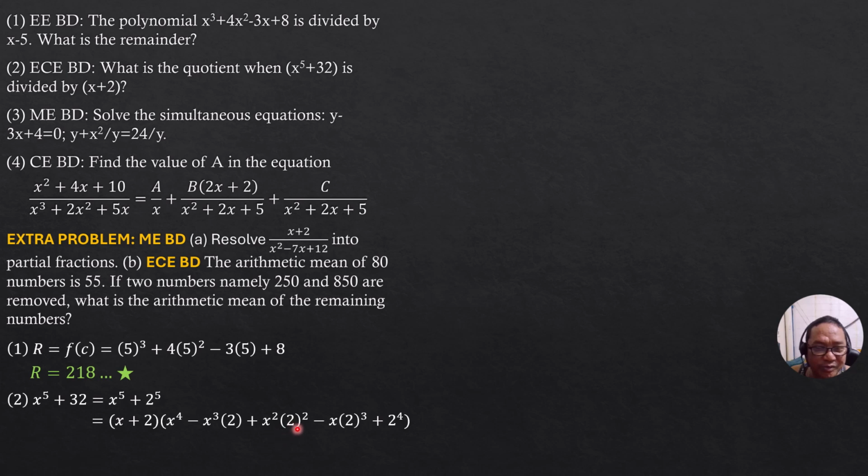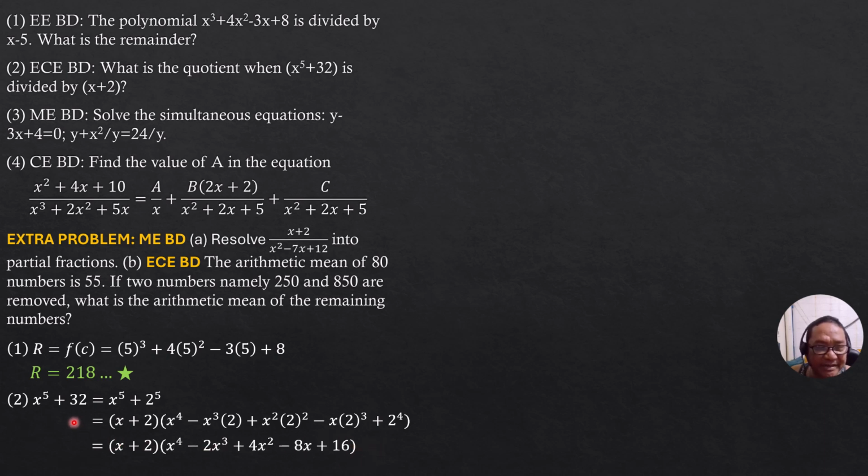First is x to the fourth, then 2 to the 0, which is 1, then minus x cubed times 2 to the first, then plus x squared times 2 squared, minus x times 2 cubed, then plus 2 to the fourth. Simplifying, x to the fifth plus 32 is x plus 2 times the quantity x to the fourth minus 2x cubed plus 4x squared minus 8x plus 16.